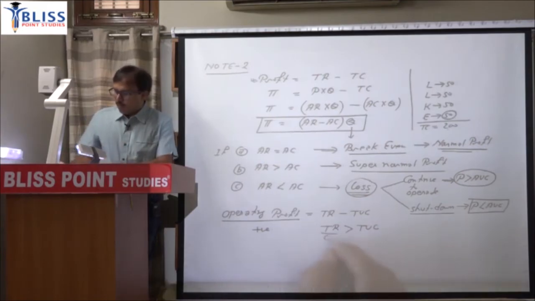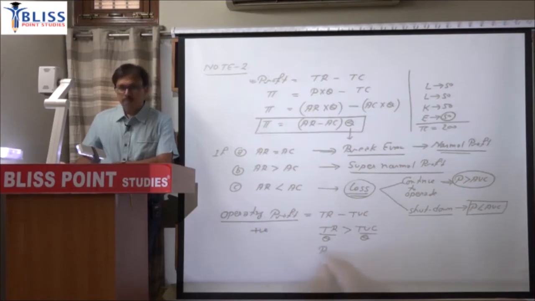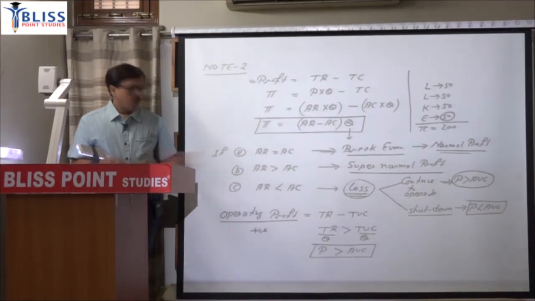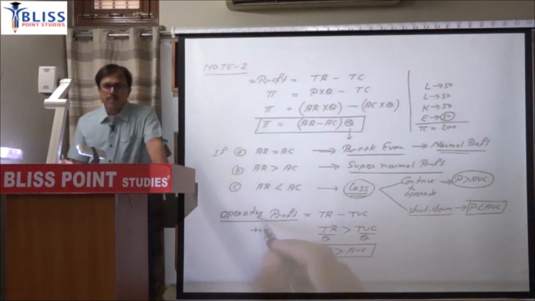And if you divide both sides by quantity, what will you get? Total revenue divided by quantity is average revenue. And as I said, average revenue is nothing but price. And total variable cost divided by quantity is average variable cost. Clear? So when price is greater than average variable cost, then there will be operating profit.